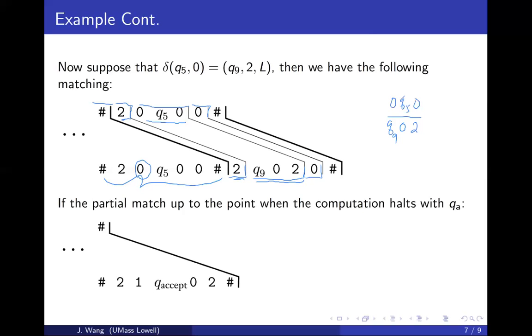Okay, so then it's ready for the next move. So this is one move at a time. So you can see we always have a partial matching, and then after a few steps I reach an accepting state. So this is Q accept, now it's reached.